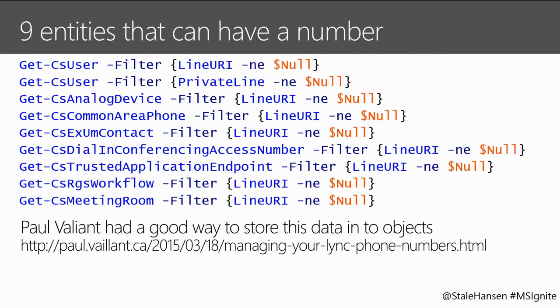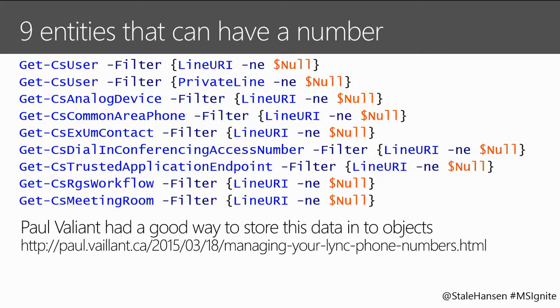And then we have other services like common area phones, Exchange unified messaging, dial-in conferencing, trusted applications, response groups, meeting rooms, and analog devices. And I've been looking into Skype for Business Server, and there aren't really more entities that can have a line URI in Skype for Business Server either.